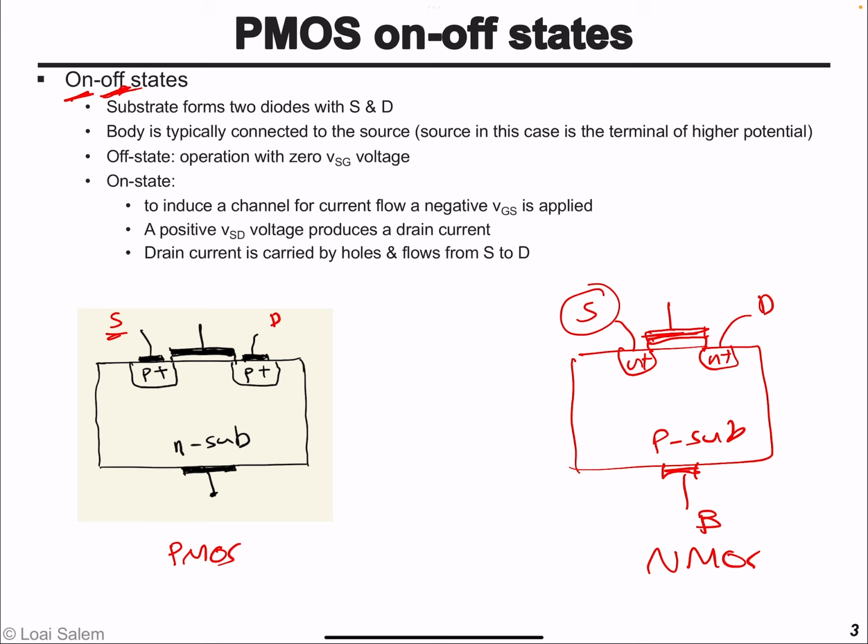And why is that the case? Well, as we're going to discuss the on state of the PMOS, we'll see that the conducting carriers in a PMOS transistor are going to be the holes, or positive charge. So the source of the positive charge will come from the terminal that has higher potential because it carries more positive charge.